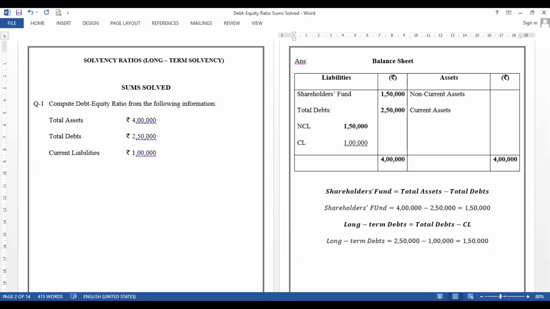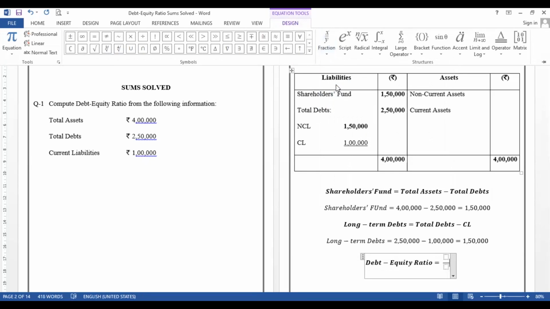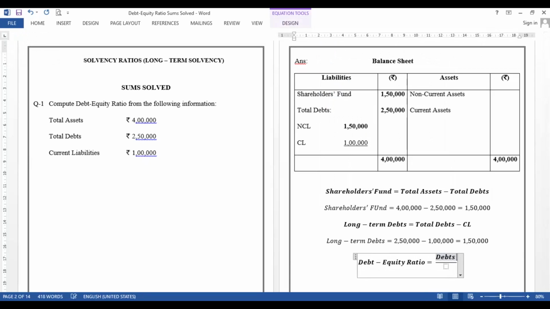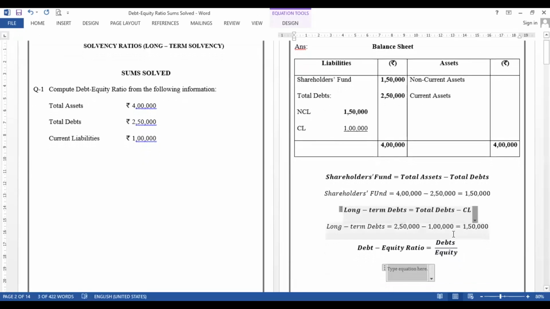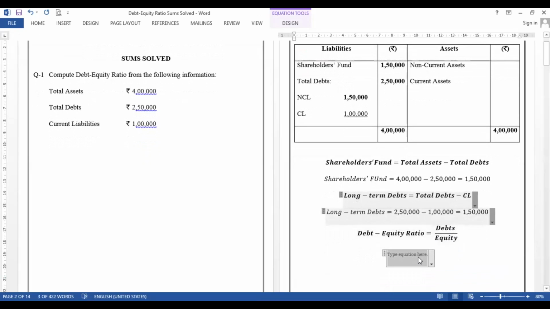So we have with us shareholders fund, that is equity, and long-term debts, that is long-term borrowings. Let us now write the formula for debt equity ratio. The formula is very simple: debts upon equity. Debts refers to long-term debts, equity refers to shareholders fund.